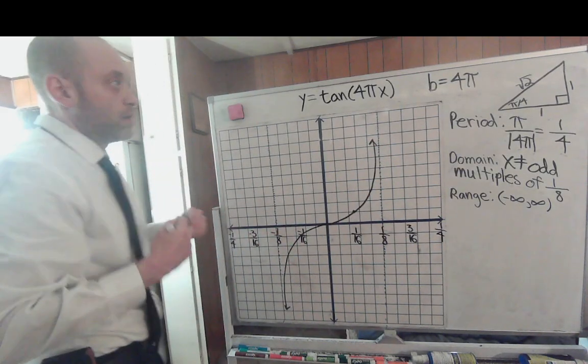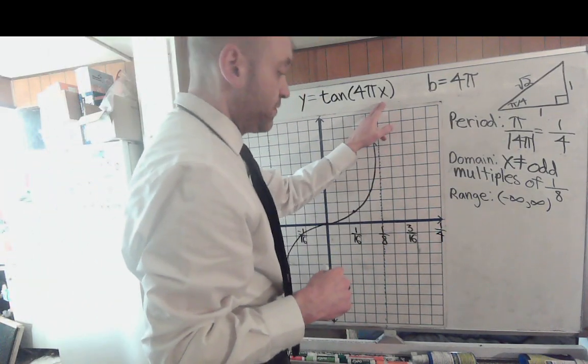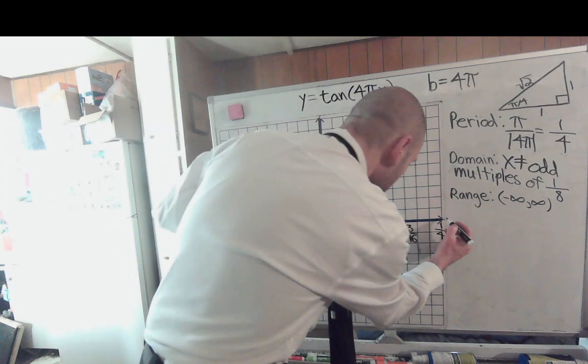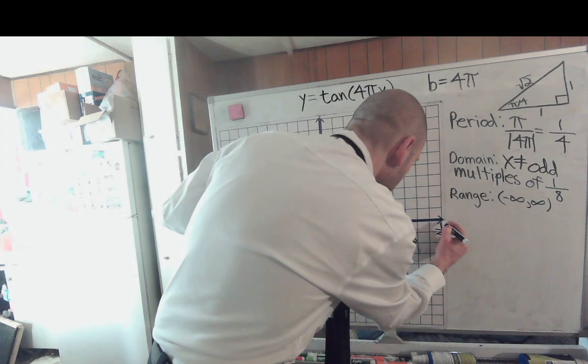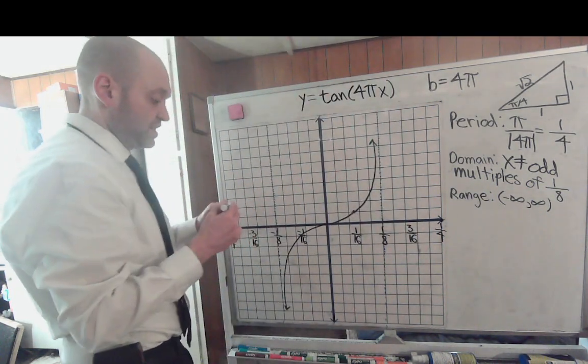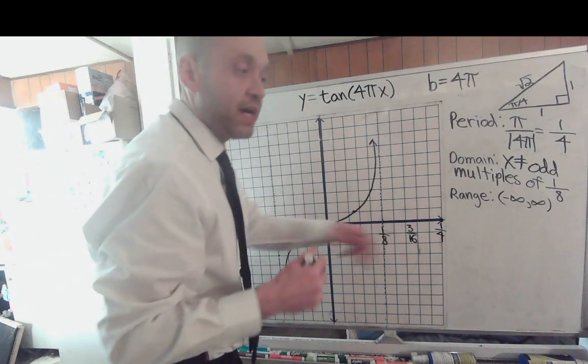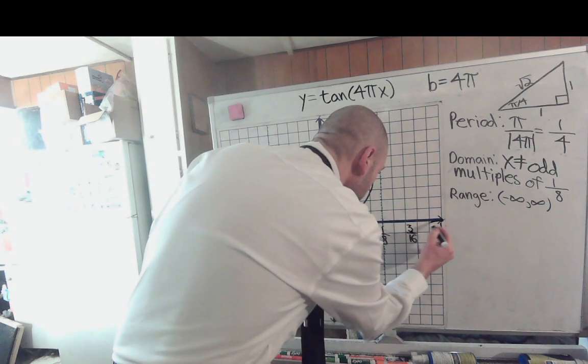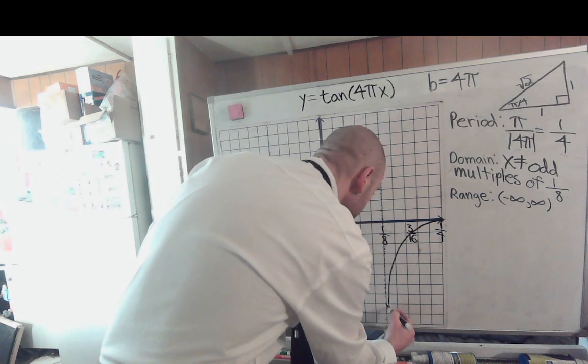Alright, let's look at 1/4. If I put in 1/4, I get the tangent of pi, which is 0. If I put in 3/16, I would get the tangent of 3 pi over 4, which is negative 1. So it's going to come down like this.